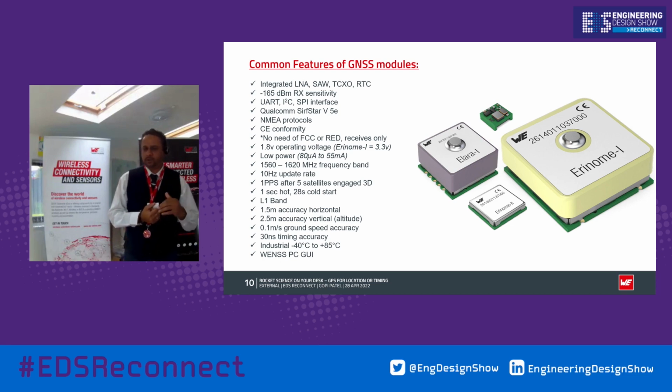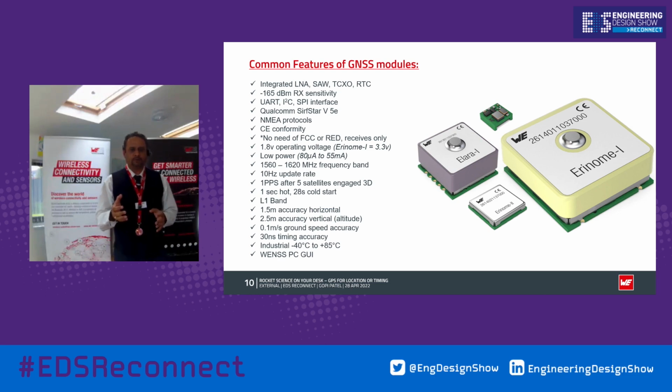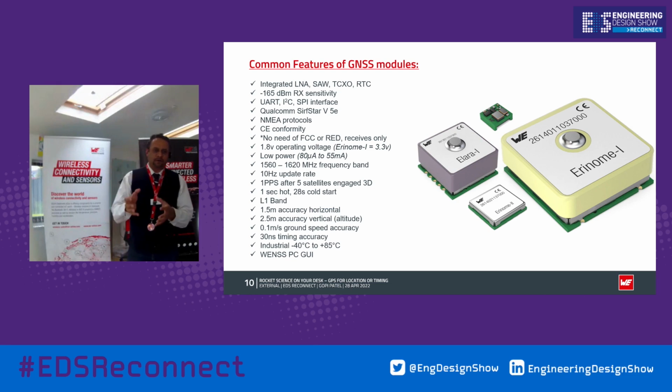They currently at this point use a Qualcomm SiRFstar version 5E chipset. They all follow the NMEA protocol, and NMEA protocol, you probably know what that means, is you have to send some sort of data from a module to the microcontroller.